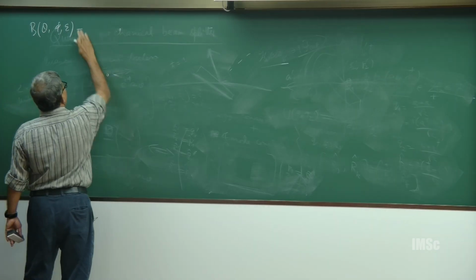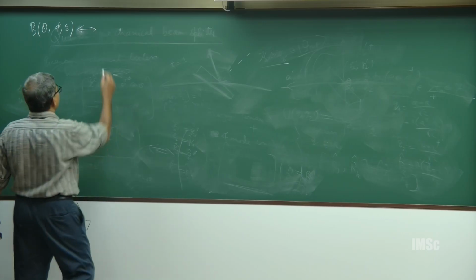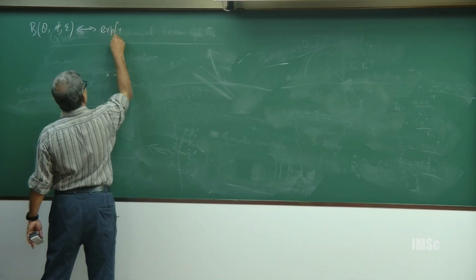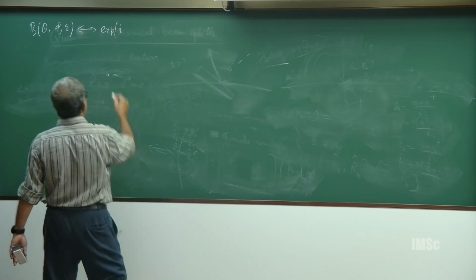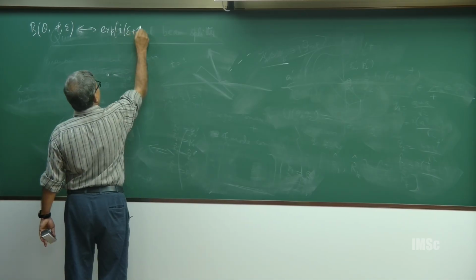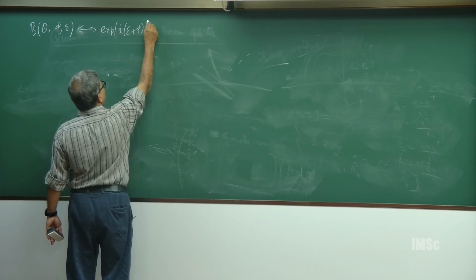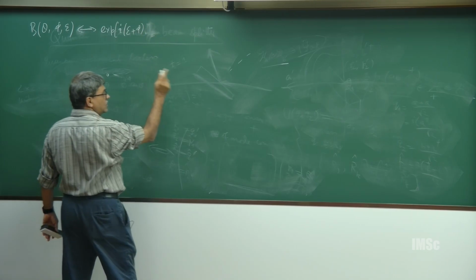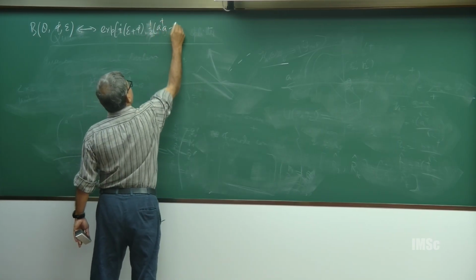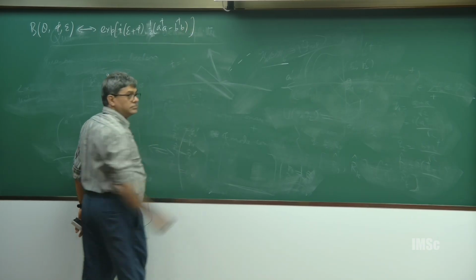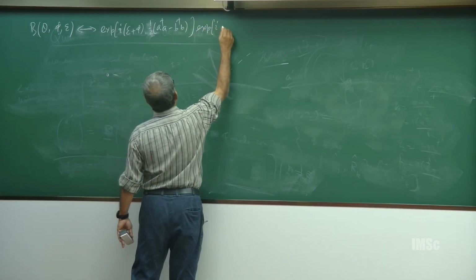So this will correspond to exponential of i, epsilon plus phi, then Jz, which is half of A dagger A minus B dagger B, exponential of i twice theta.